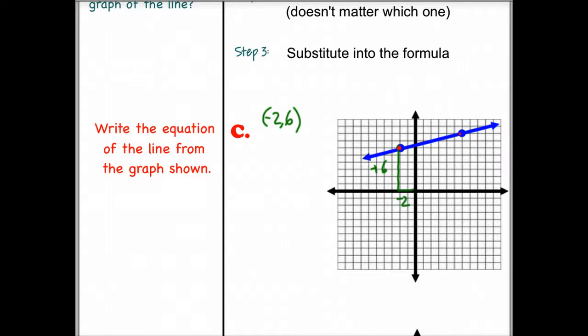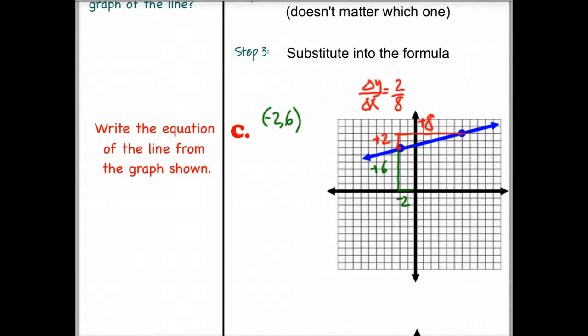So we see how many we go up. 1, 2. So positive 2. And then we go to the right. 1, 2, 3, 4, 5, 6, 7, 8. So positive 8. So our change in y over our change in x is 2/8.